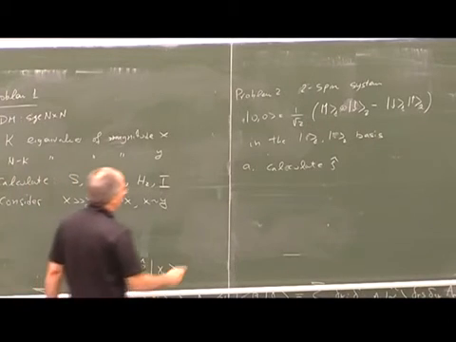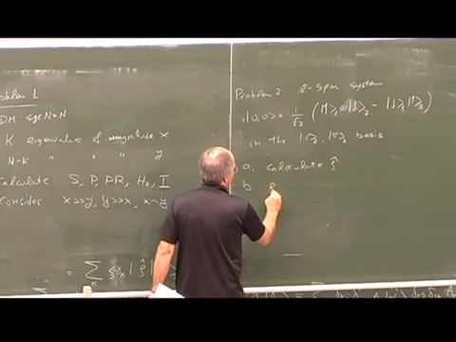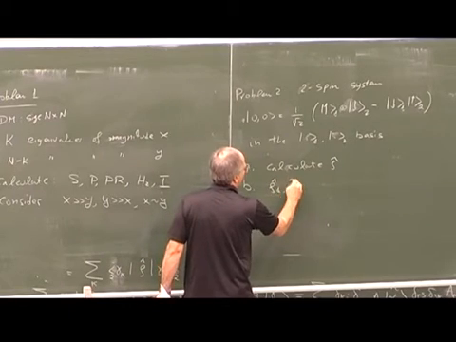And the second calculation is to calculate rho 1 and rho 2.